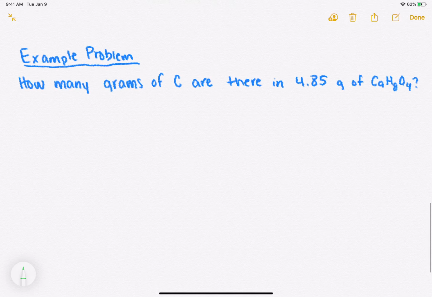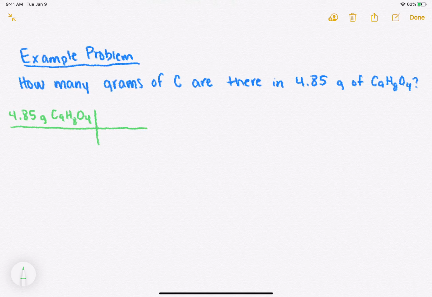How many grams of carbon are there in 4.85 grams of C9H8O4? So we'll start our dimensional analysis with 4.85 grams of C9H8O4. And this is one of those times when it's important to write out the full molecule because we're going to have different substances in our calculations, and we don't want to mix them up.